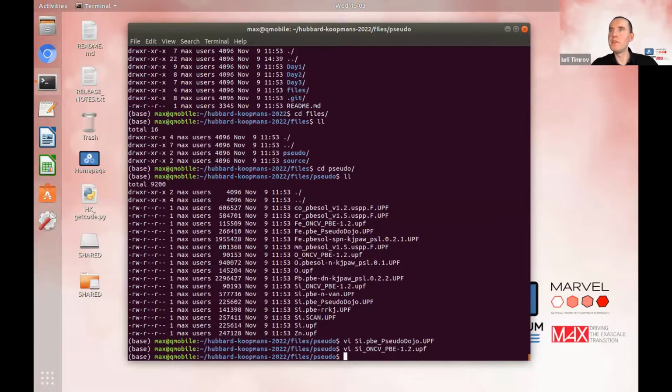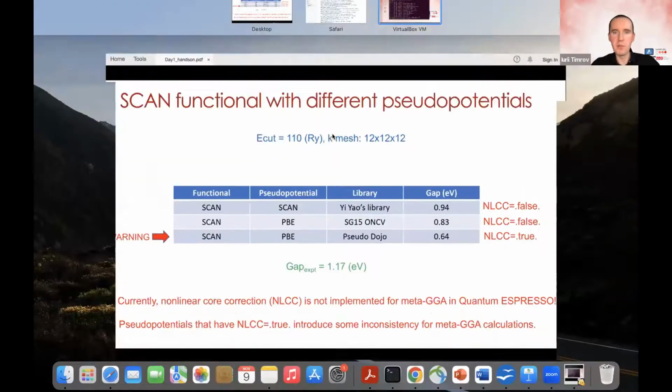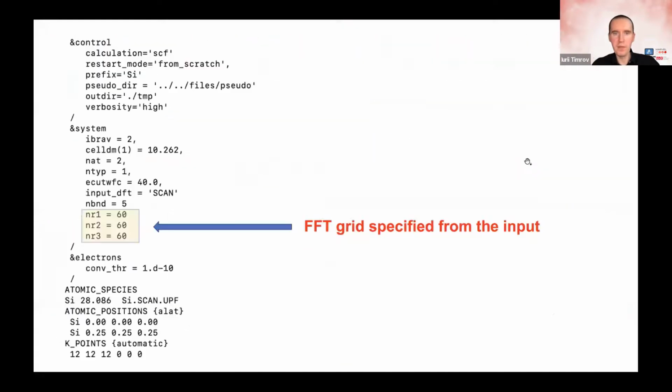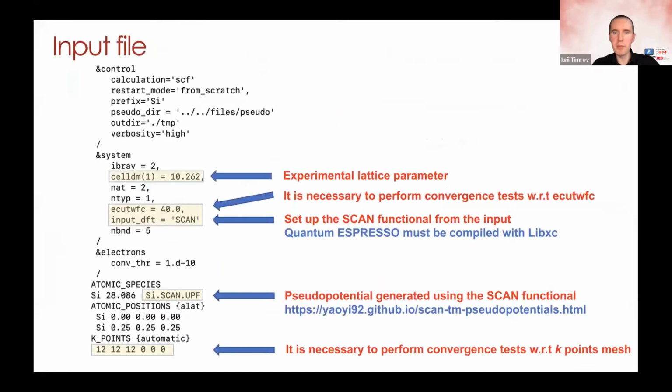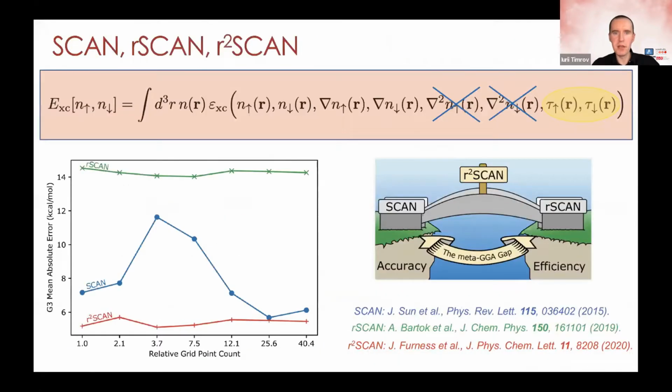Also, people ask the difference between SCAN, rSCAN, r2SCAN. You can take the original papers and check the difference. I'm not really an expert in all these functionals. It's very technical, but what I remember well is the following: SCAN is the first one which was introduced, in 2015, and SCAN satisfies all known exact constraints that a functional should satisfy.